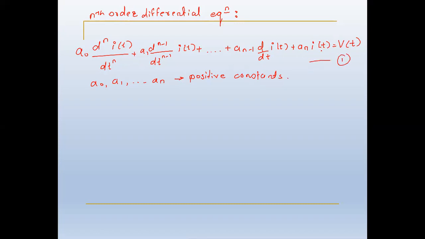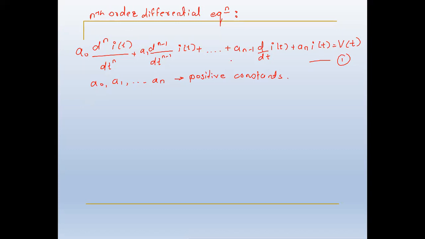This big equation is basically the differential equation of the current i(t), and this current is produced due to the applied voltage v(t). Since the current is dependent on the voltage, I'll write all those terms so that people can understand.